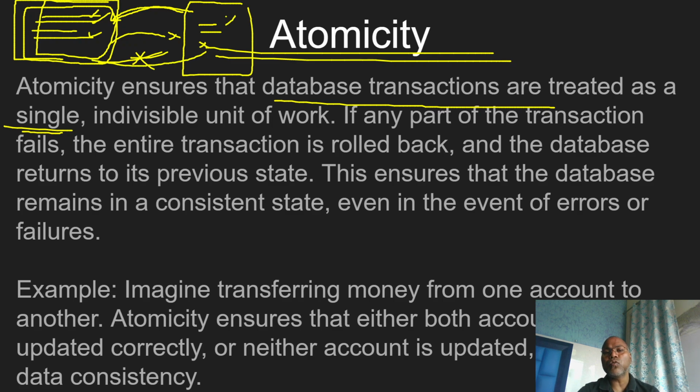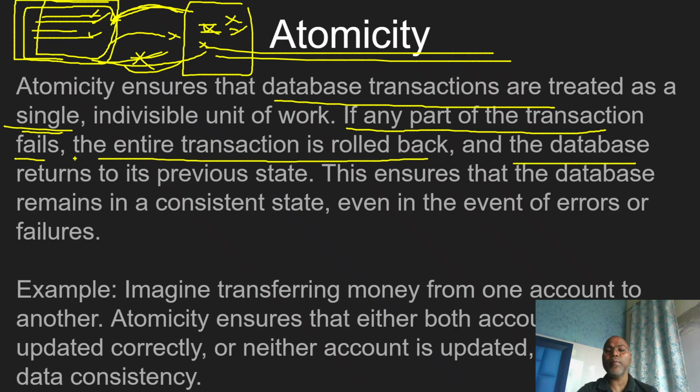So the two committed changes are also rolled back, undone. The state before the transaction started and after the failure will be the same. If any part of the transaction fails, the entire transaction is rolled back and the database returns to the previous state.